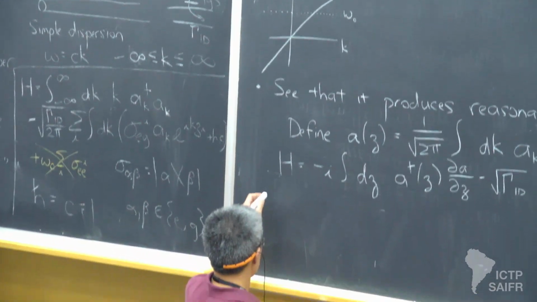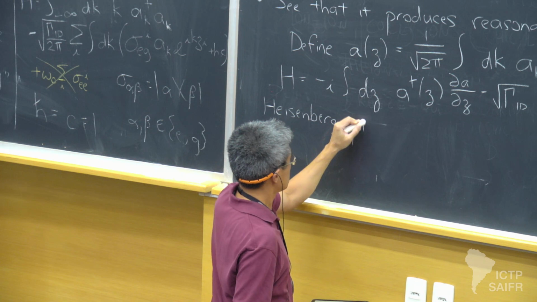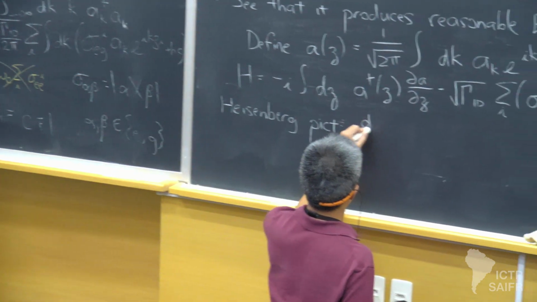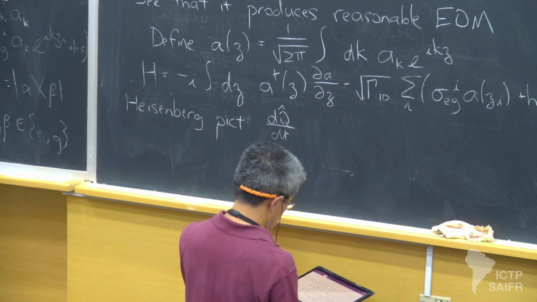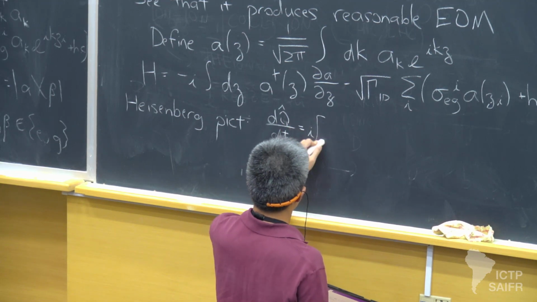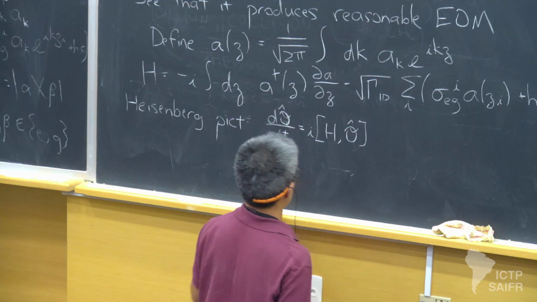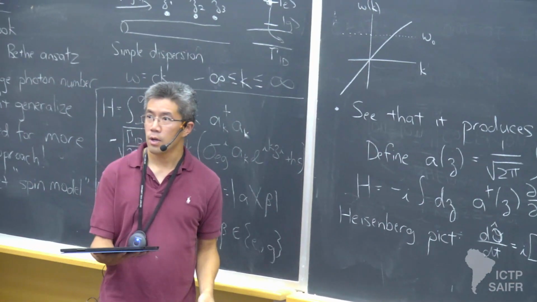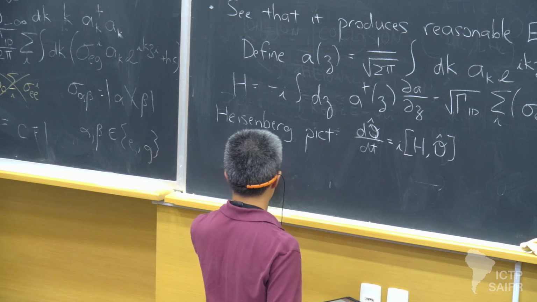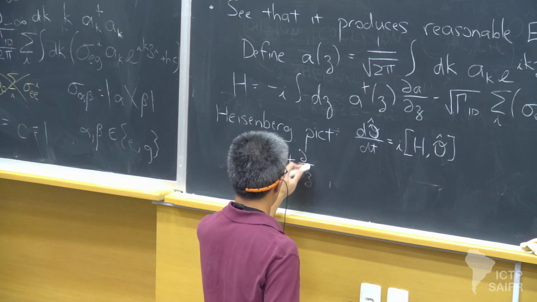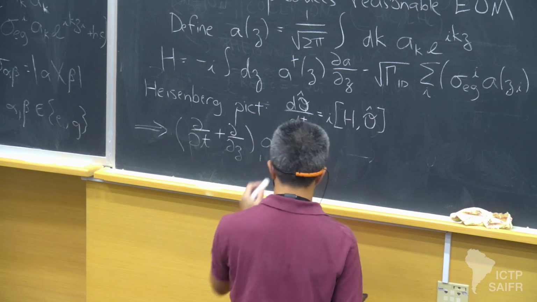And then, if we recall that in the Heisenberg picture the time evolution of any operator O is given by the commutator of the Hamiltonian and the operator itself, then it's a pretty straightforward exercise to show that if you write down the Heisenberg equation for the field, you get the following.